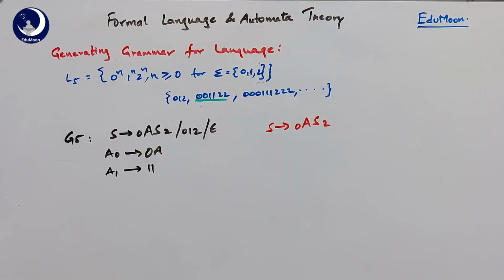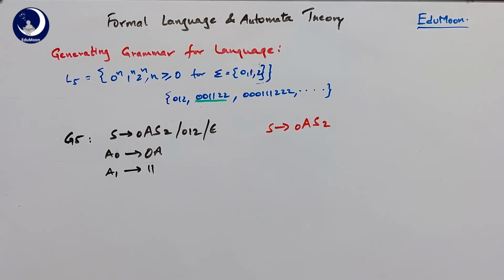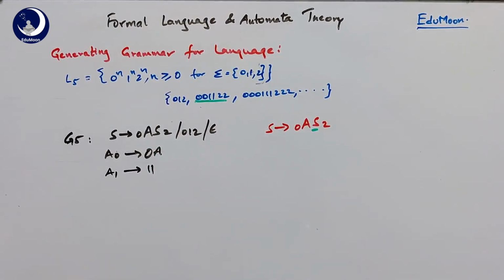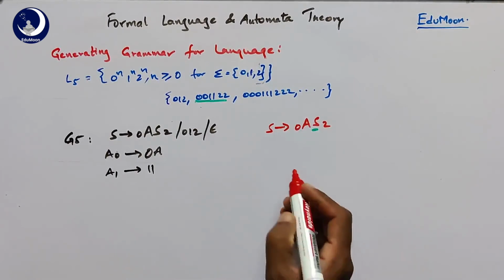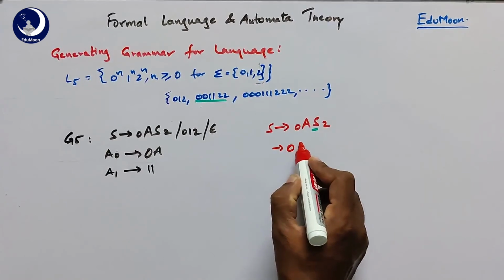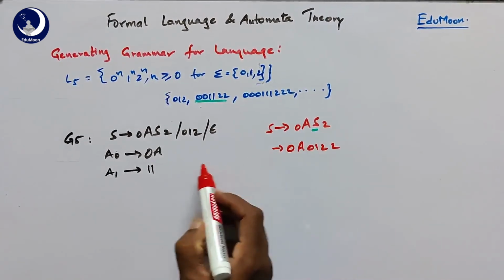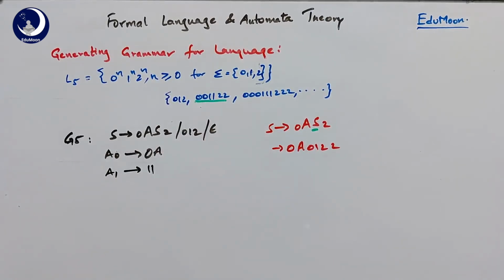We take the next symbol S and use the production rule again: 0AS2 or else the 012 production rule. We substitute 012 for S here, so that will be 0A, and we write 012 for this one using the second production rule.